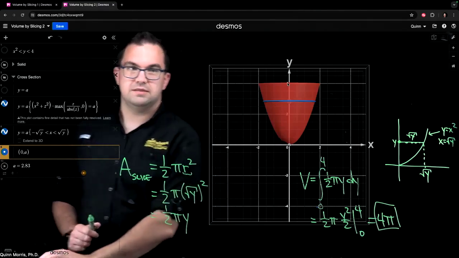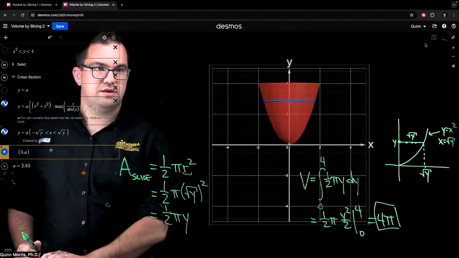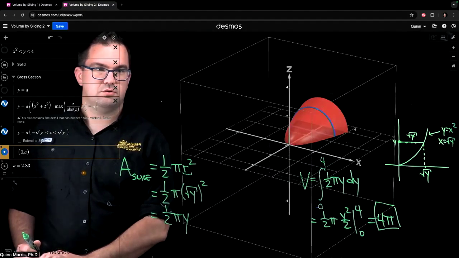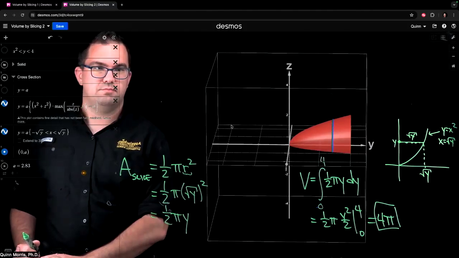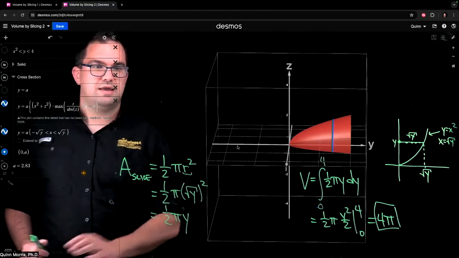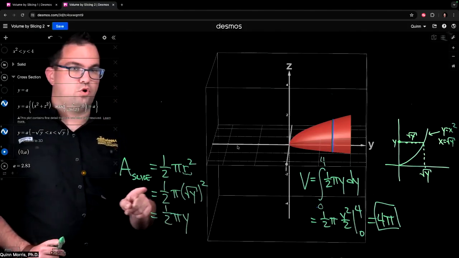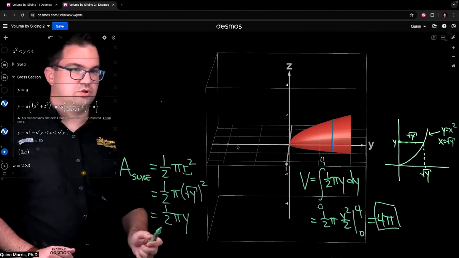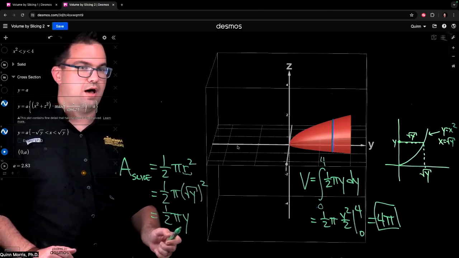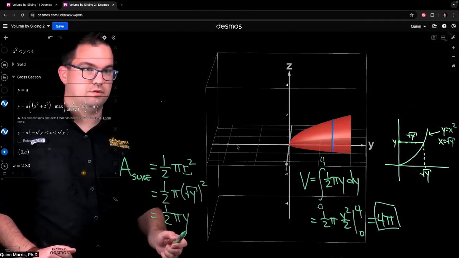And so this figure, which maybe originally was a little difficult to make sense of, we can actually find its total volume. It is 4 pi. We first find that by finding the cross-sectional areas of these slices. Each of those cross-sectional areas was 1/2 pi times y.